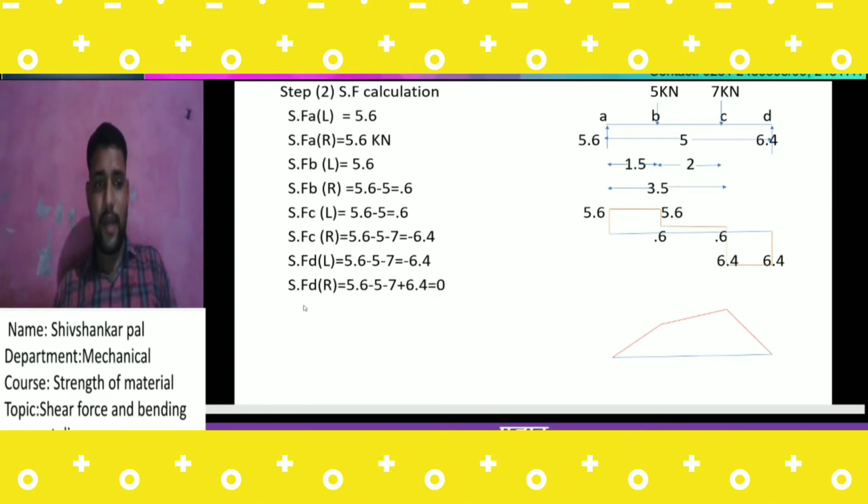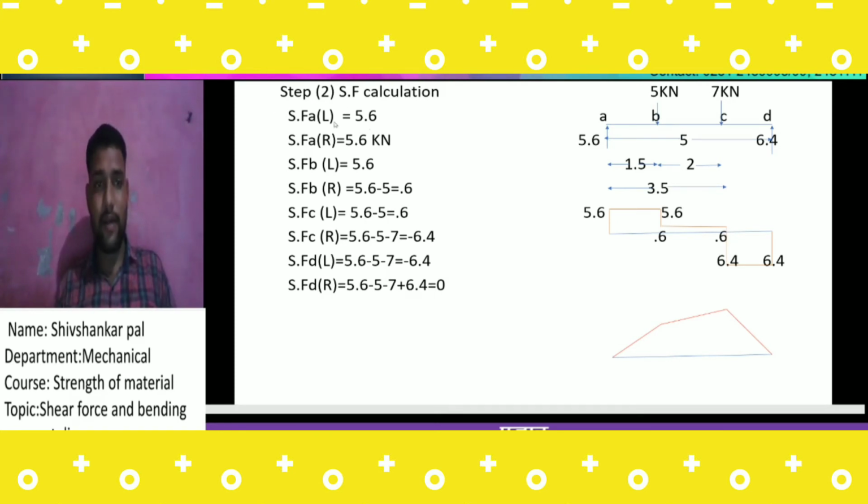So for the shear force at point D on the right-hand side, I see the 5.6 upward, the 5 kN, and then again 7 kN in the downward direction, and lastly the 6.4 in the upward direction. Putting in the values, 5.6 minus 5 minus 7 plus 6.4, the resultant is 0. That means the shear force just at point D is equal to 0.